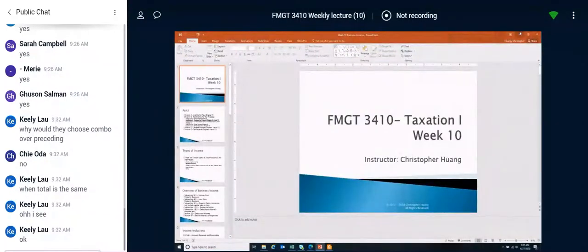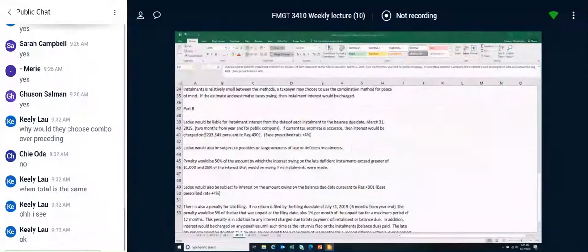Like, what type of company? I'm not seeing anything in chat right now. So does anyone know the balance due date for corporations? When do you have to pay your final amount of tax?